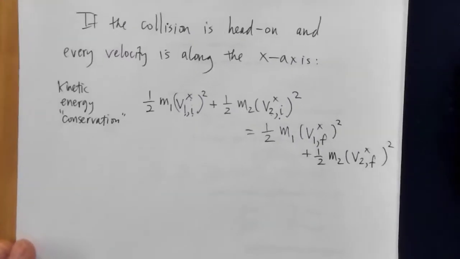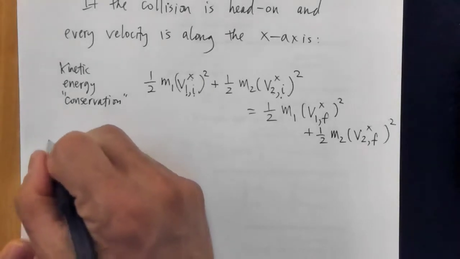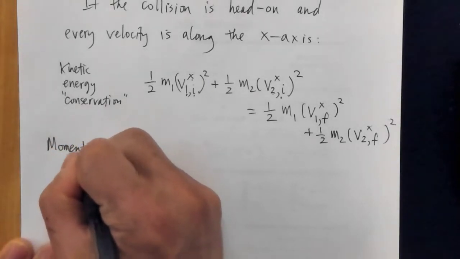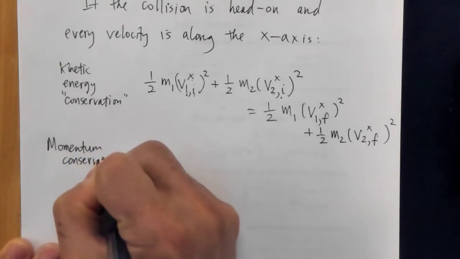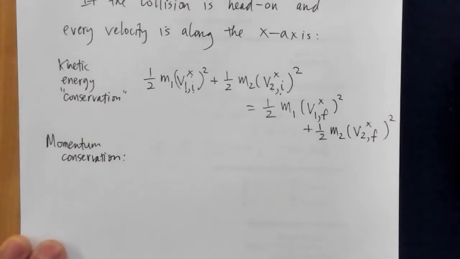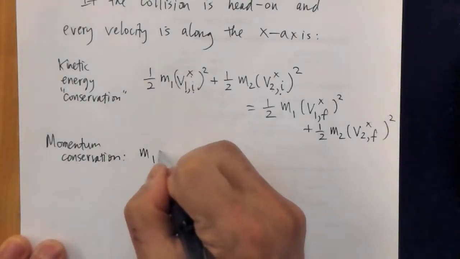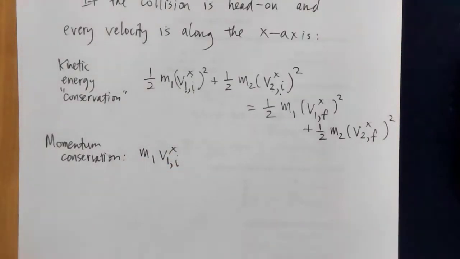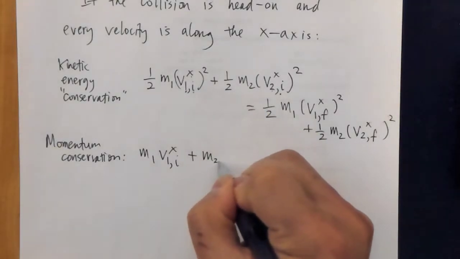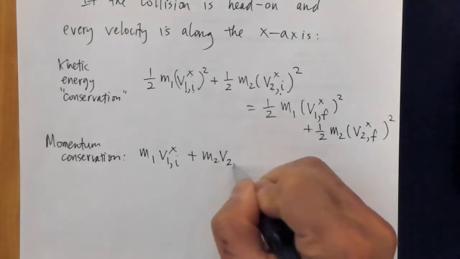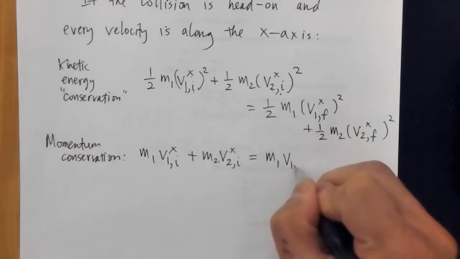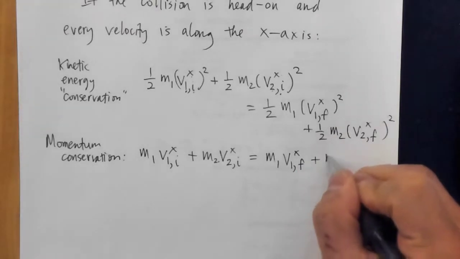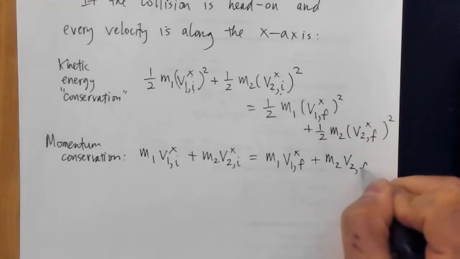And then for momentum conservation, for that case, we have m1 v1 initial x. That's the momentum in the x direction, plus m2 v2 initial x is equal to m1 v1 final x plus m2 v2 final x.